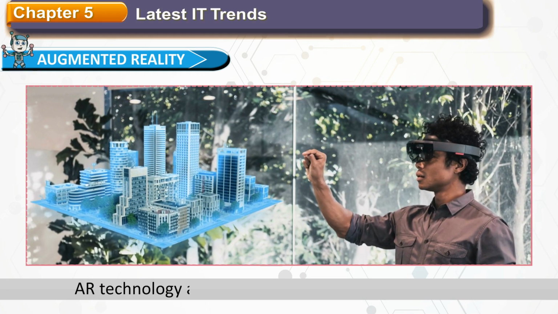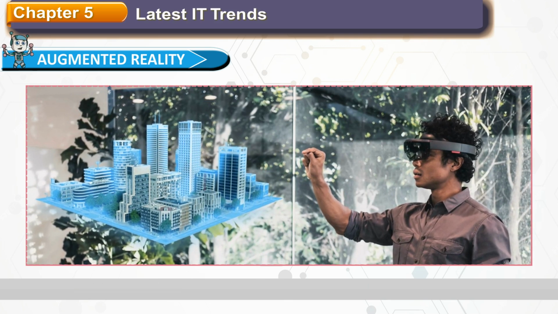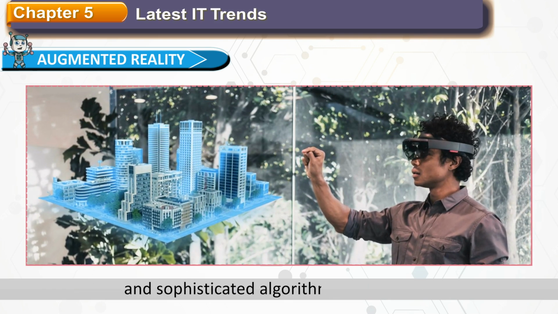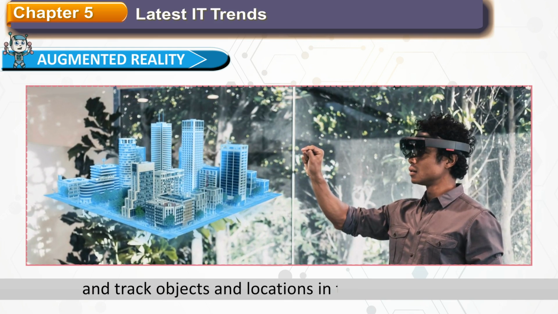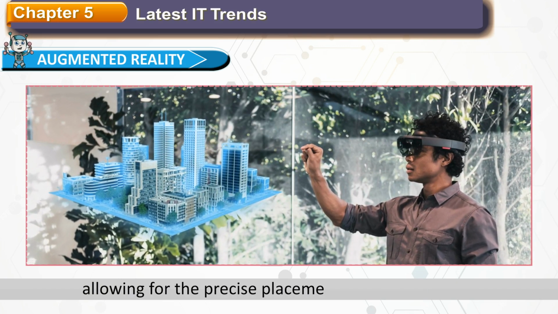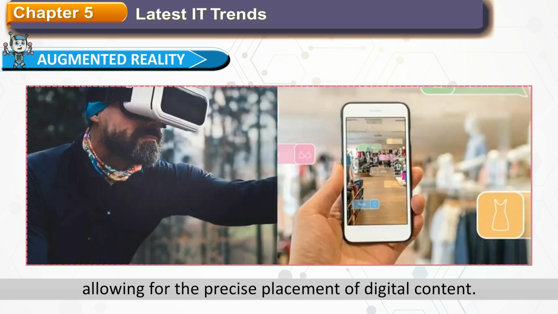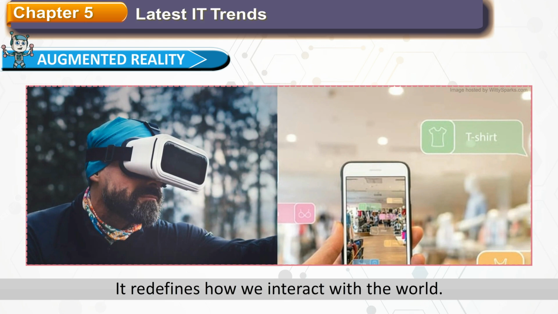AR technology achieves this by using cameras, sensors, and sophisticated algorithms to recognize and track objects and locations in the physical world, allowing for the precise placement of digital content. It redefines how we interact with the world.